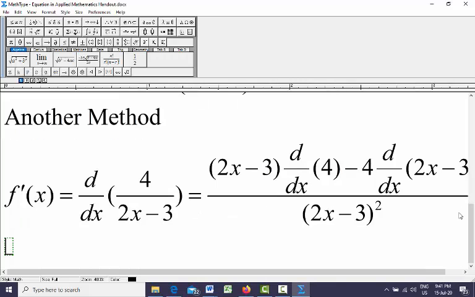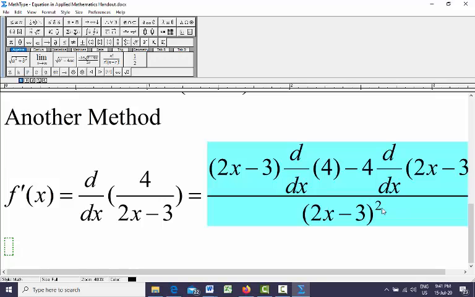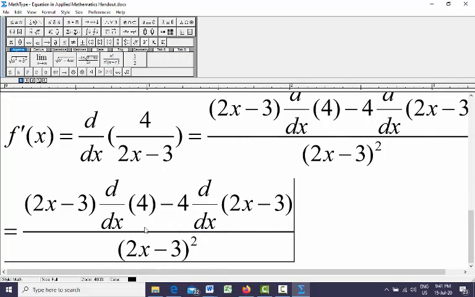Now what do we have here? You can see there is no d by dx in the denominator, so you don't need to do differentiation or any processing there.